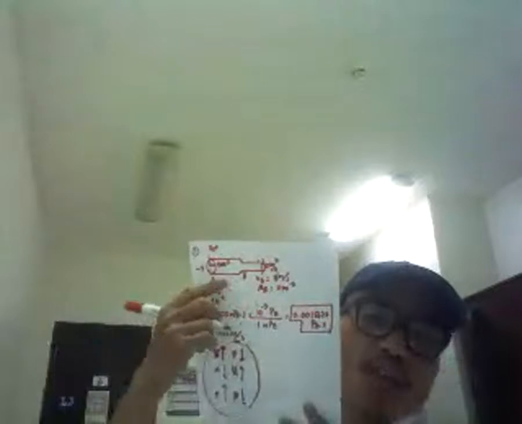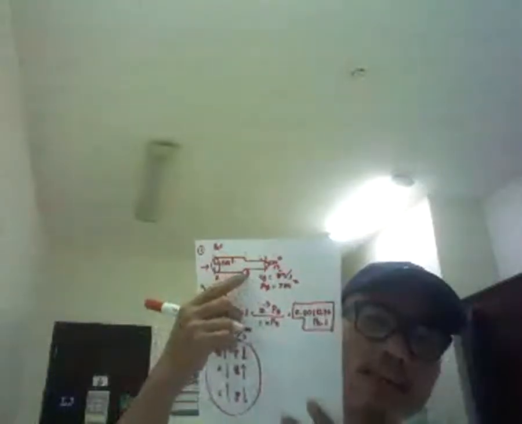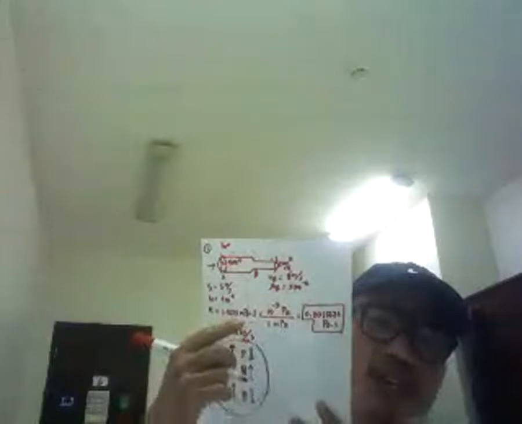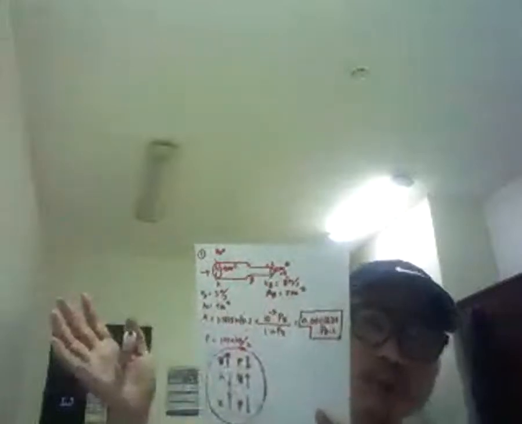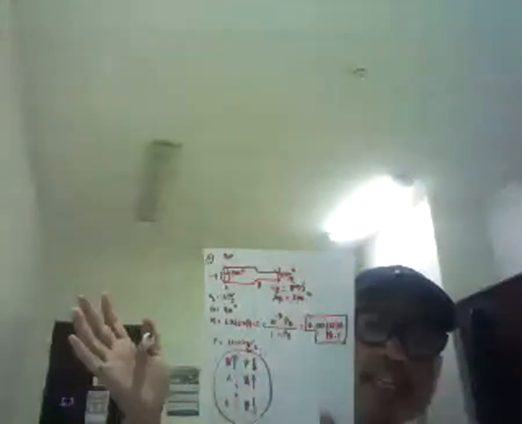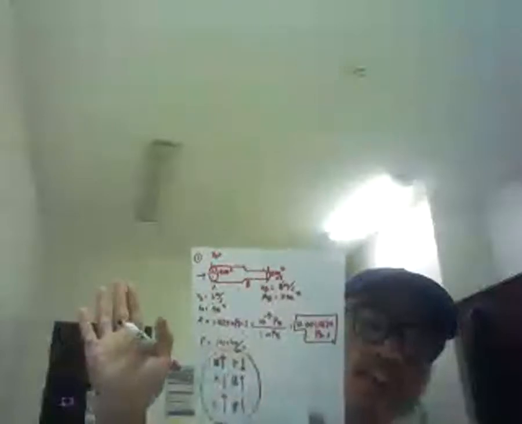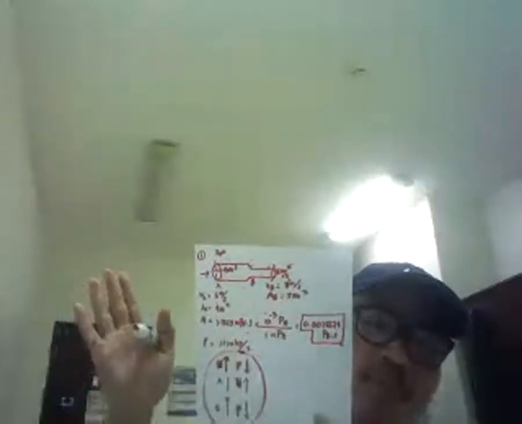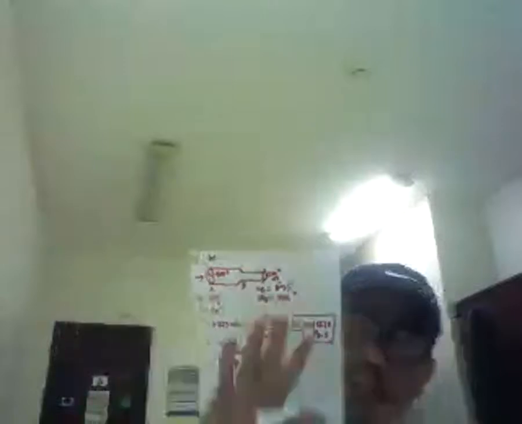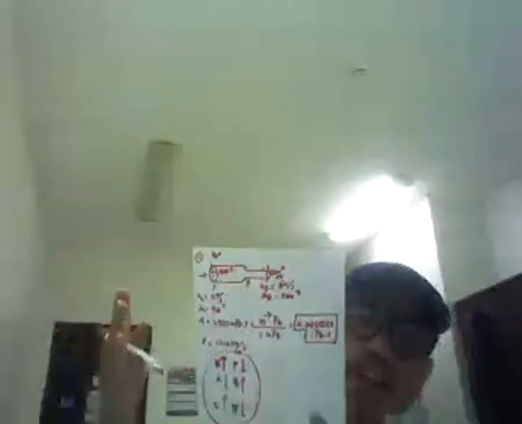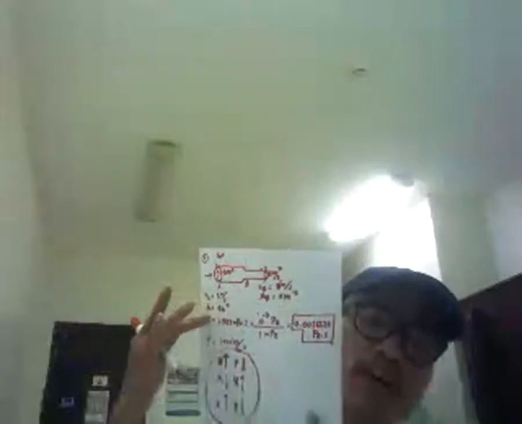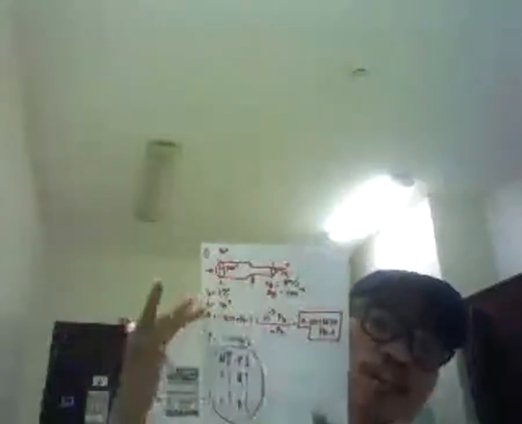This is only horizontal. Unless this second pipe is going up or going down, then it is not equal already, right? The elevation changes. But still you have to follow the law of conservation of energy. In this case, there's no elevation issue. This is a horizontal pipe the entire process.